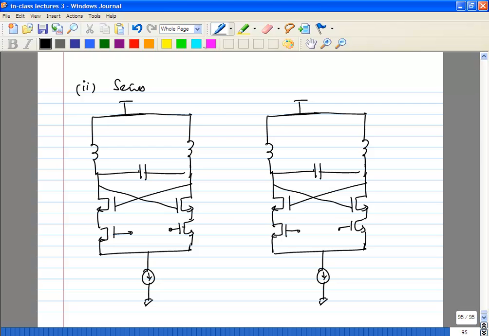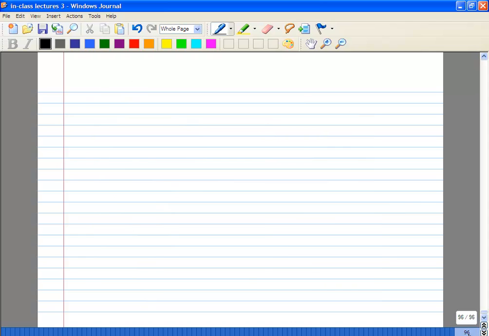Okay, what else is possible? Harmonic injection. Okay, so what you are relying upon, remember that the output voltage of the oscillator is purely sinusoidal.